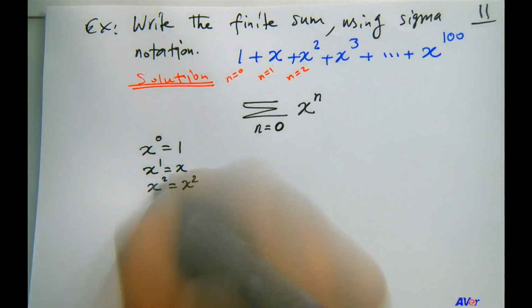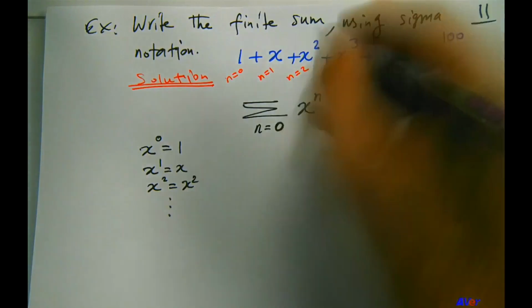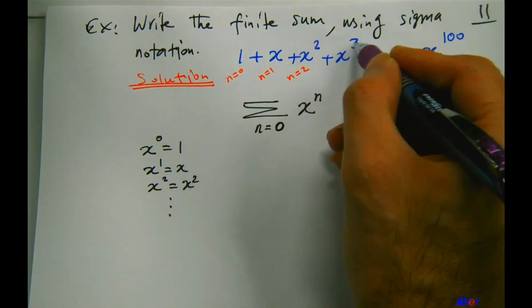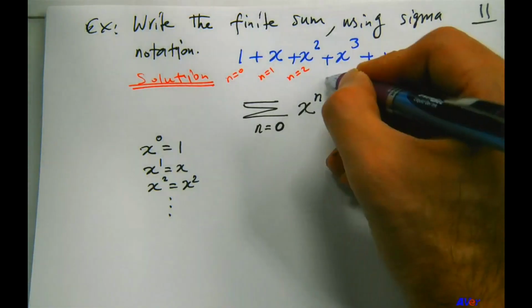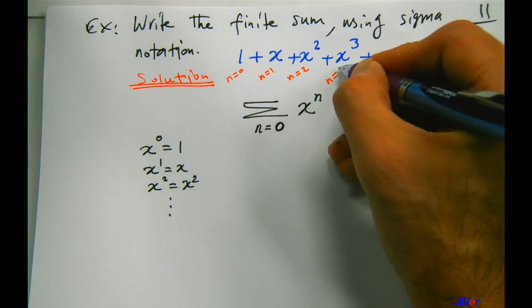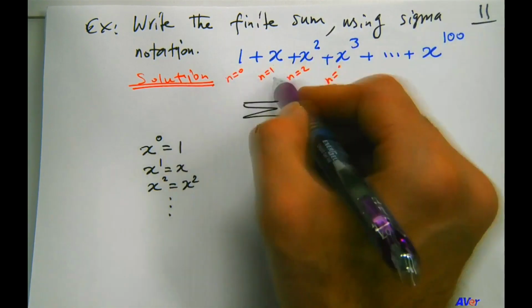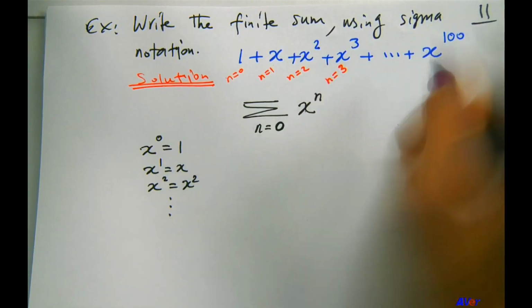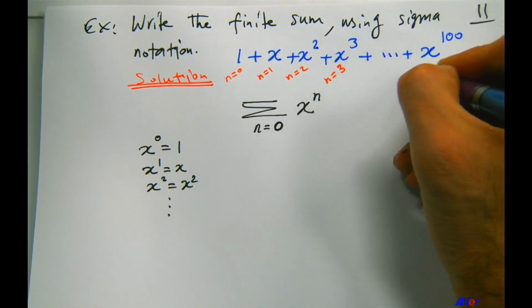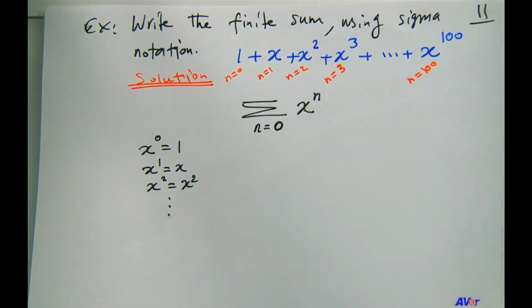The more important thing is the connection between the power of each term and its location within the partial sum: 0, 1, 2, 3, and so on. If you continue, then this will be n equals 100, right?